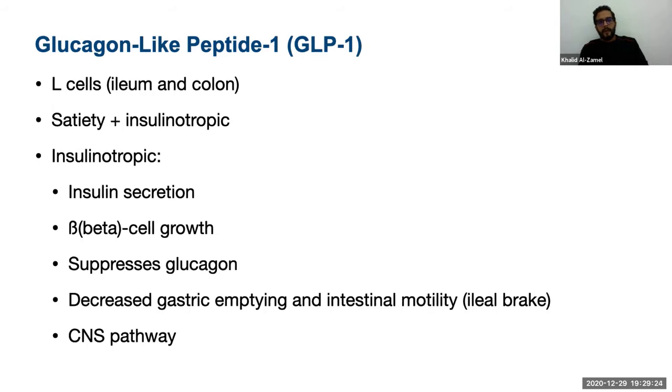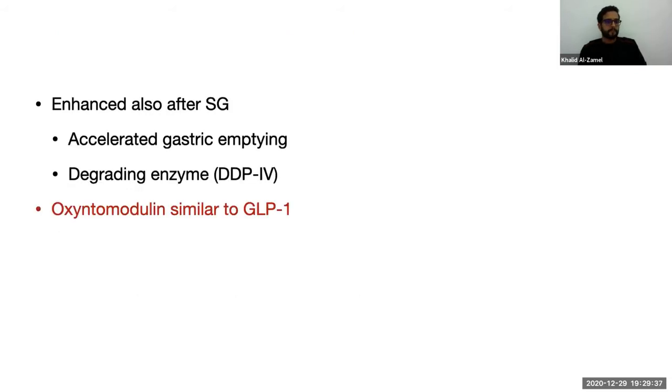So by bringing the ileum more proximal, you're exposing the ileum to early undigested food, which in turn will increase the GLP and all its beneficial effects. It is also enhanced after sleeve gastrectomy, although we're not diverting the GI system. And the reason would be that after sleeve gastrectomy, there will be an accelerated gastric emptying, and the degrading enzyme for the GLP is decreased.